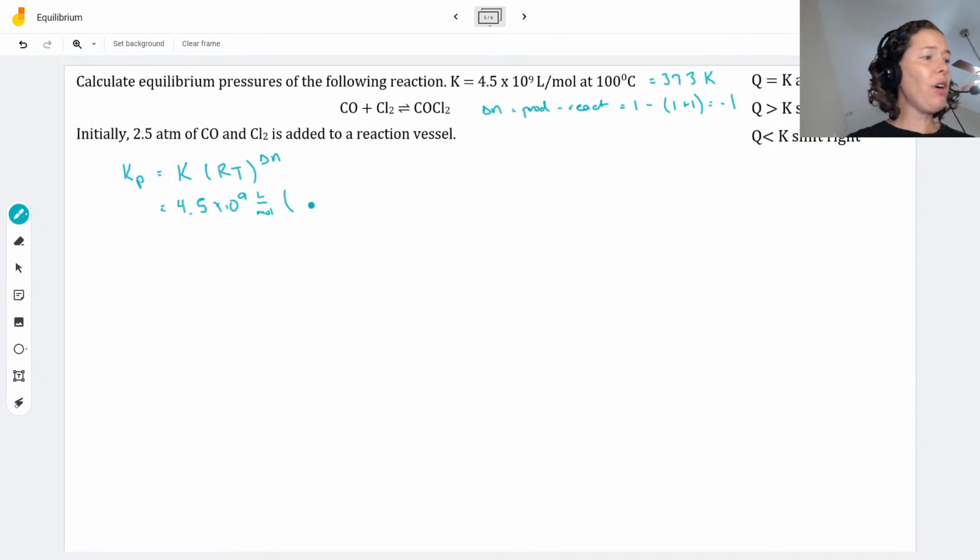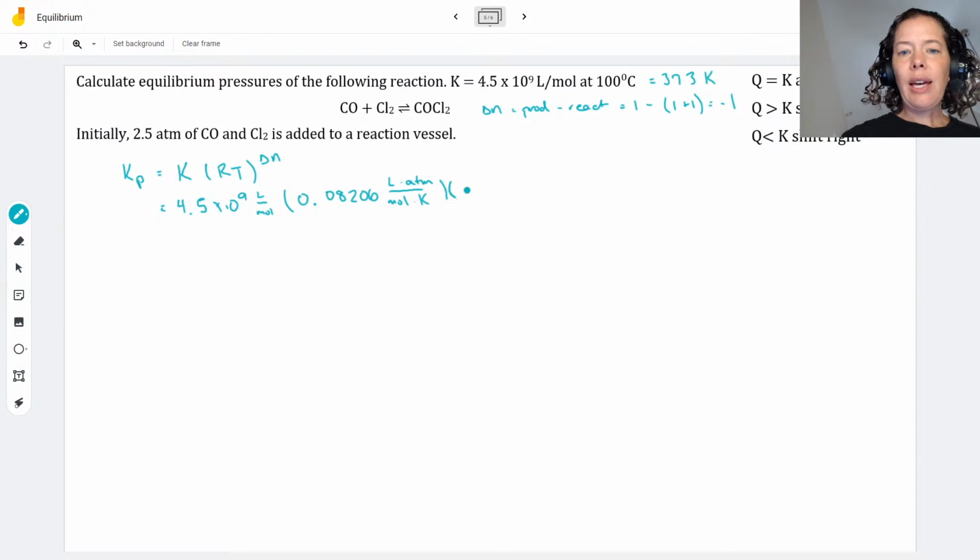So my value for R, again, if I'm using liter atmosphere, it's going to be the one that you probably used the most when you did gas laws. Okay, so this is liter atmosphere over mole K, times 373 K. And actually, I think I'm going to put brackets just so it's clear.